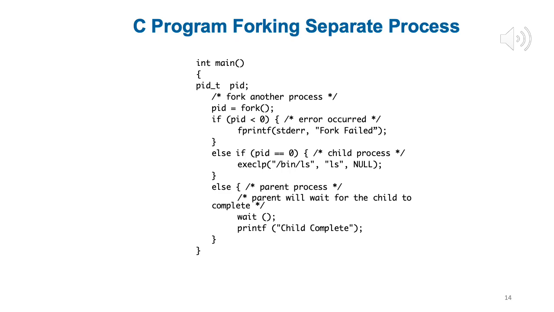So now what you are seeing over here is pid is equal to fork, and from this point onwards both parent and child are running, okay, with the same piece of code, because note that the child gets a copy of the parent. So now if pid is equal to 0, provided the fork is successful, this will be ignored. Now assuming the fork failed, maybe there was not enough memory to create a new process.